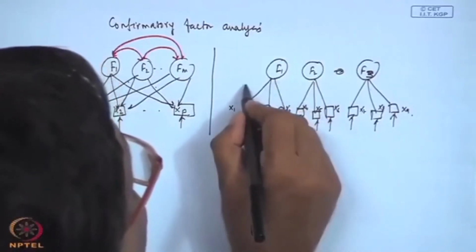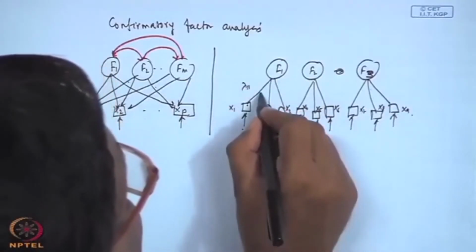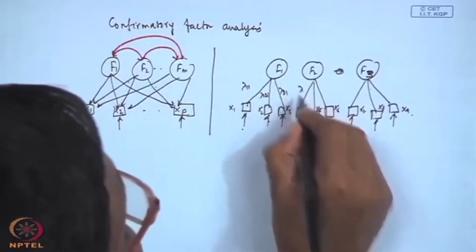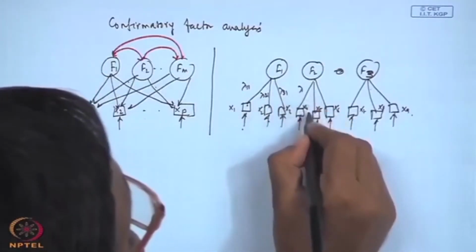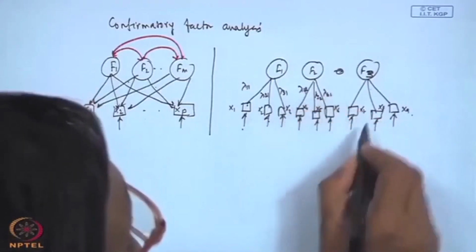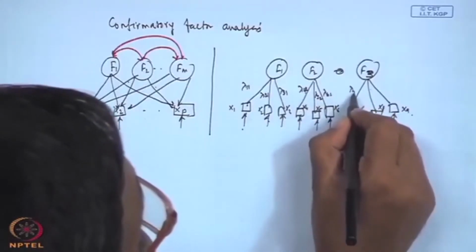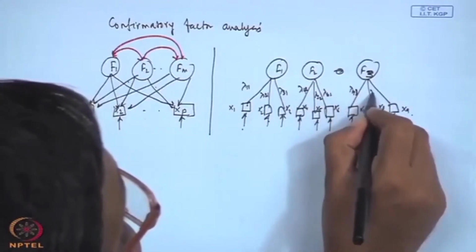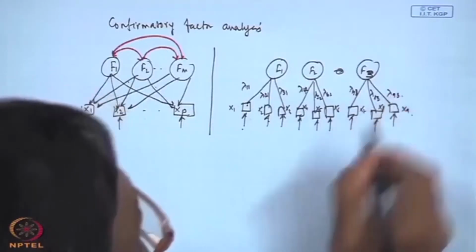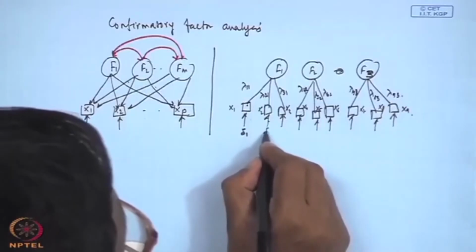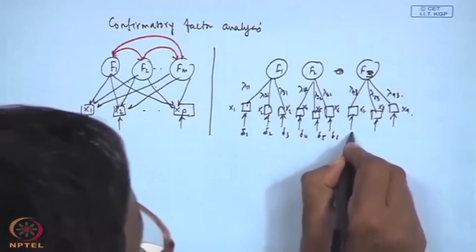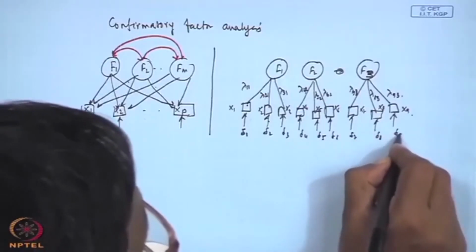Then this is my lambda 1 1, lambda 2 1, this is my lambda 3 1, then lambda 4 2, lambda 5 2, lambda 6 2, then lambda 7 3, lambda 8 3, lambda 9 3. This is delta 1, delta 2, delta 3, delta 4, delta 5, delta 6, delta 7, delta 8, delta 9.